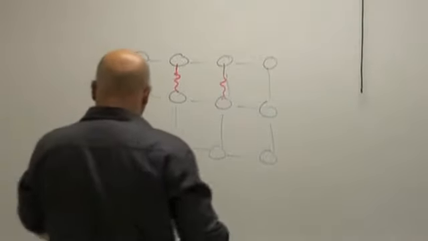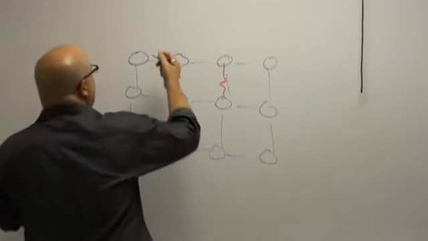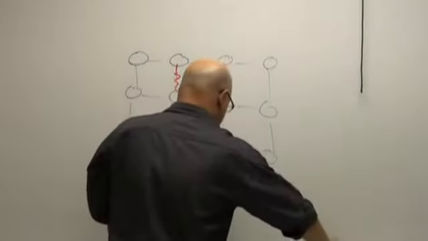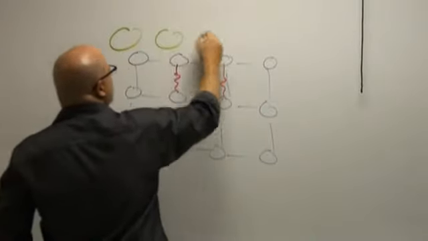That's correct. So what happens is if I have another object on top of this one, we'll make it a different color. Here, I'll make it green.